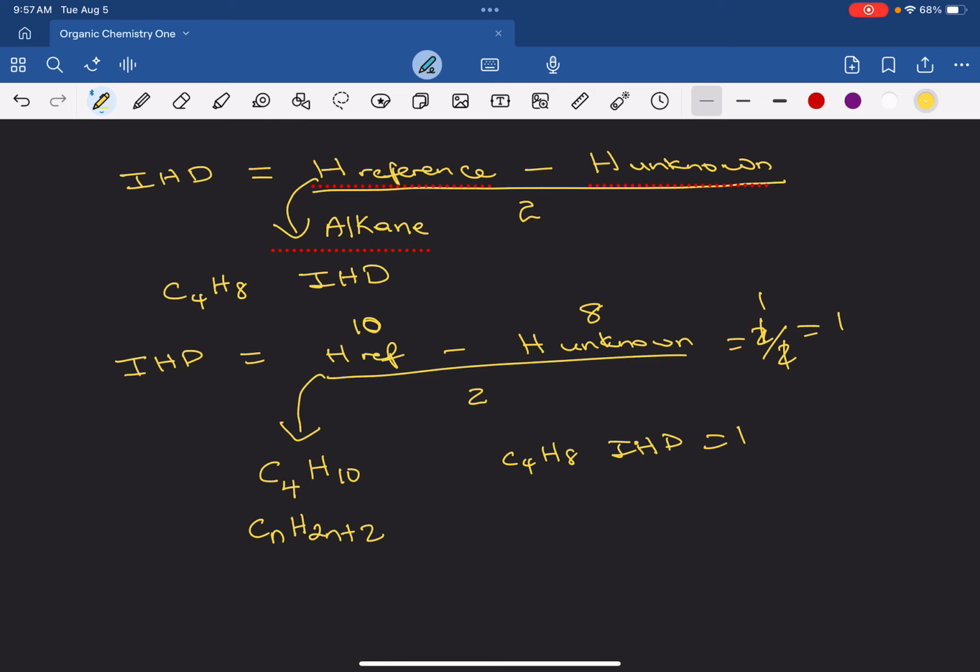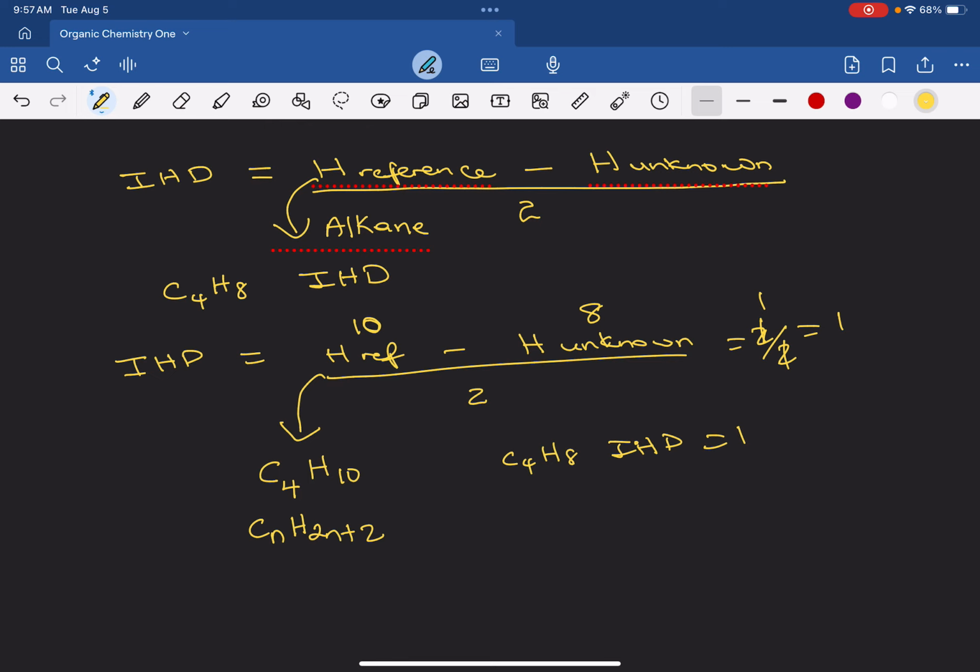What this means is that C4H8 has either one double bond or one ring. Remember, your index of hydrogen deficiency tells you how many rings, double bonds or triple bonds you have in the molecule, or it can be a combination. In this particular C4H8, the answer is one, so you have either one ring or one double bond.